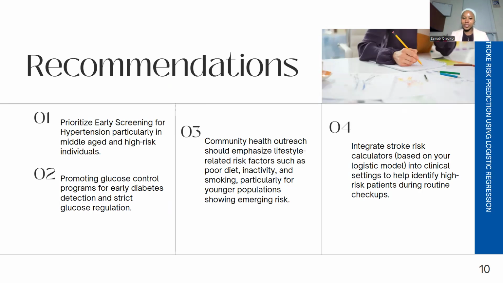Number three recommendation is going to be community health outreach. I feel like they should emphasize lifestyle-related risk factors such as poor diet, inactivity, and smoking, particularly for younger populations that are now increasingly showing emerging risk. So we want to watch our lifestyle and behavioral things because in my research, smoking status was one of the other predictors that contributed positively.